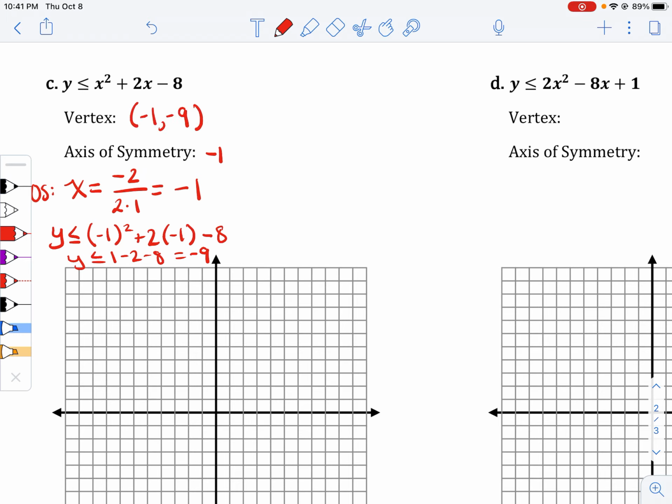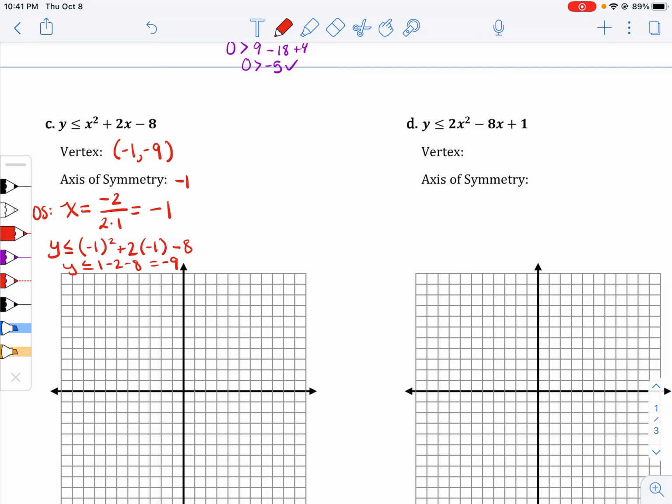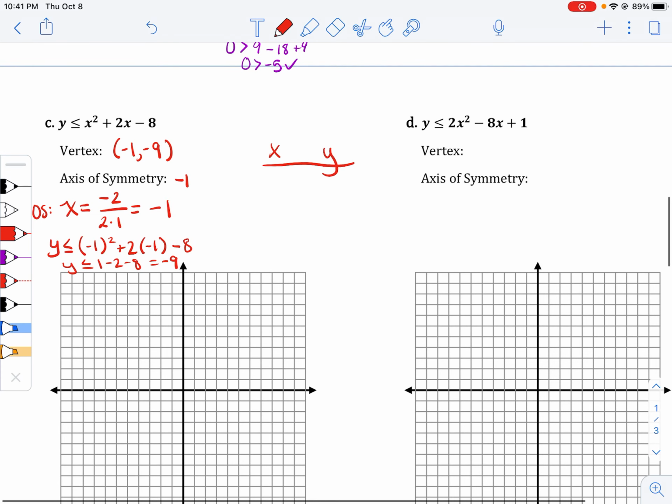It's been a long time since we had to do that. Then you can also find some key points. I honestly think the table is just easier, but you could plug in 0 for your y and 0 for your x and solve to find those x-intercepts or y-intercepts. I'm going to go back to the table just because it's faster. So we have -1, -9. This would be -2, -8, and -3, -5.